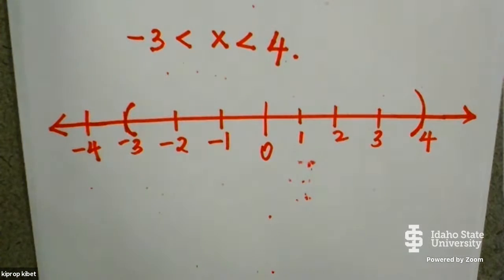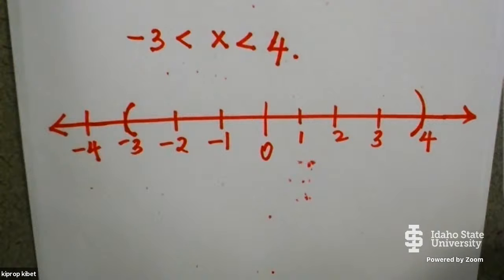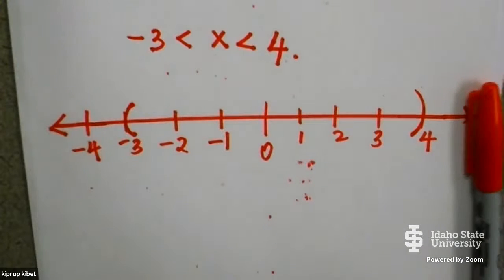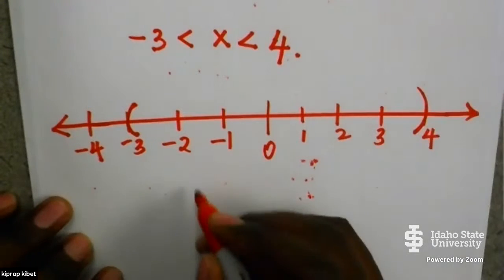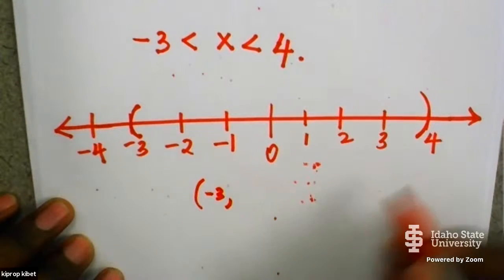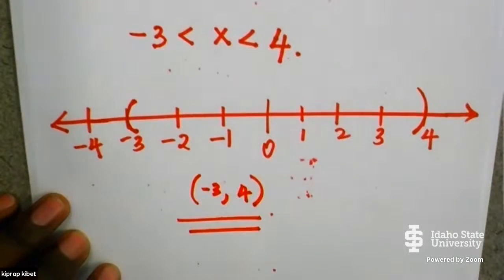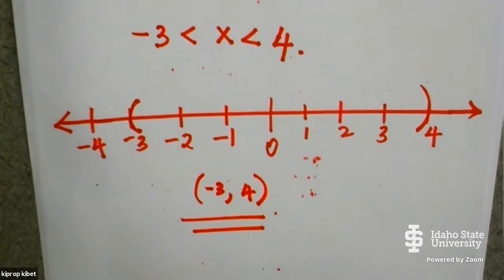So there should be a region between minus 3 and 4. How should we represent that in interval notation? Parentheses minus 3, comma 4, because we are not including minus 3, and this one is 4.